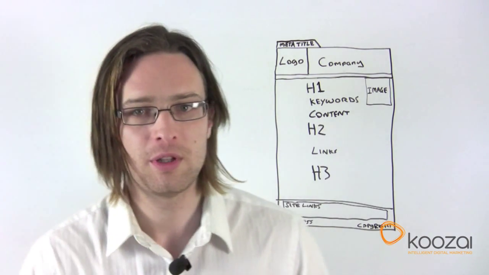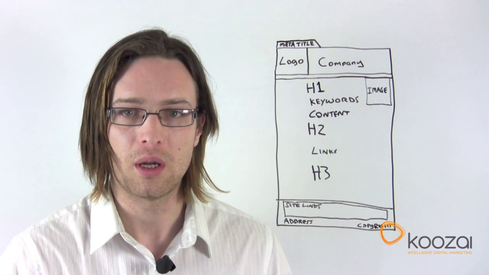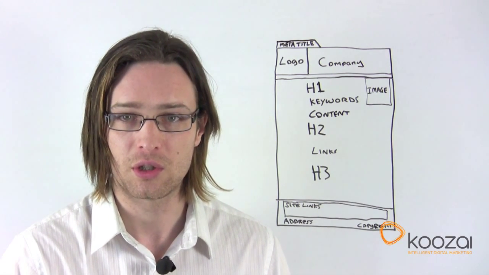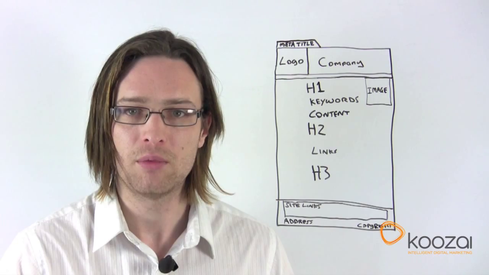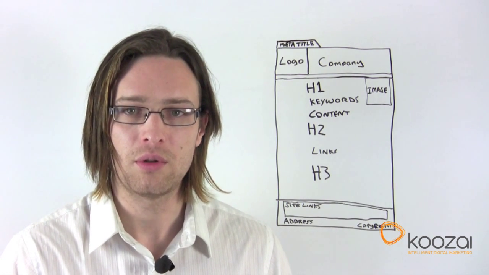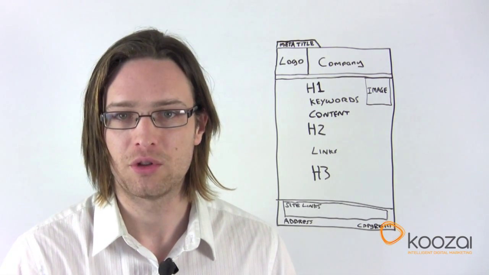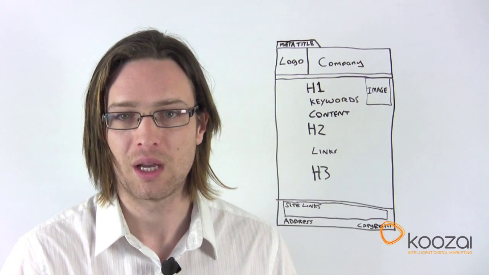Other useful on-page elements can include things like geotags. Again, if you're a local business or you provide your services exclusively to the local area, you'll want to get into the local listings. A good way to do this is to use a geotag. There are many free generators out there that will be able to generate geotags for you based on your location.